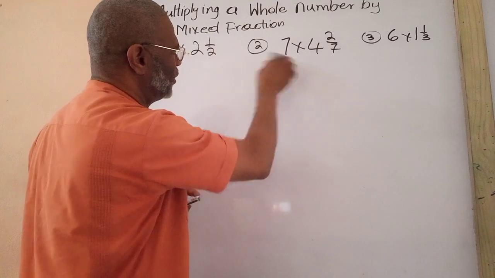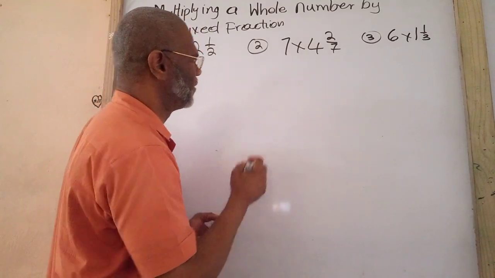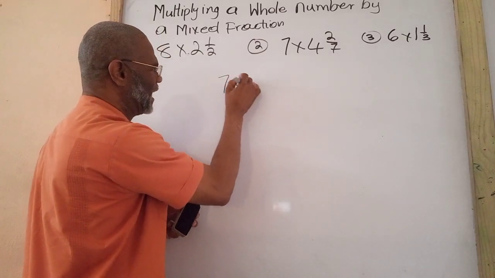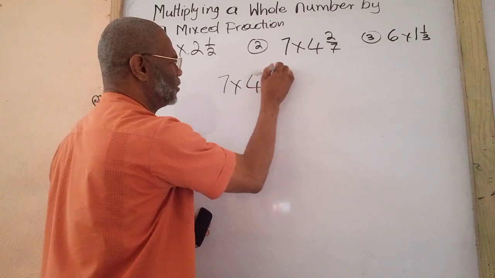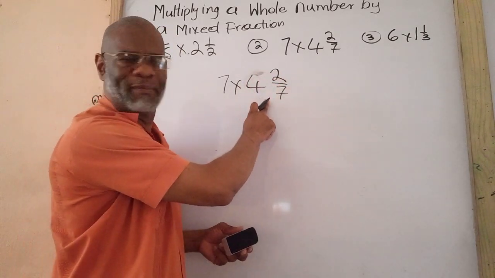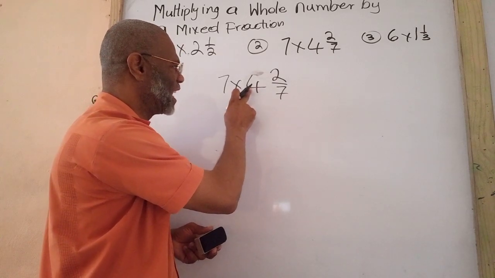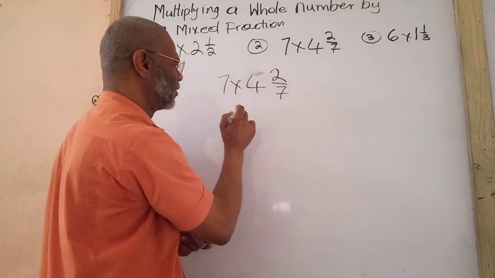So here we have 7 times 4 and 2 sevenths. So to convert this mixed number, we say 4 times 7 is 28, 28 plus 2 is 30.